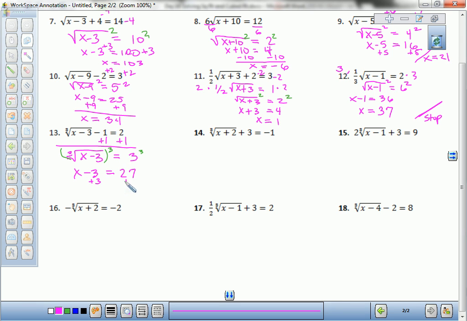And then we add 3 to both sides, and we get x equals 30. Okay?